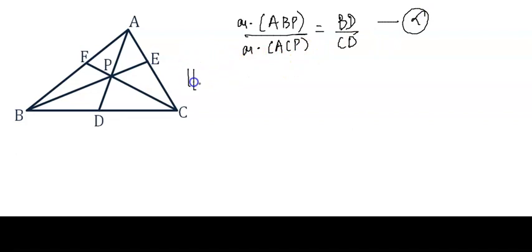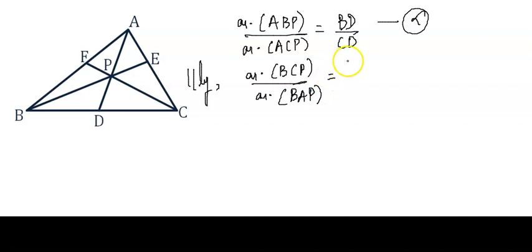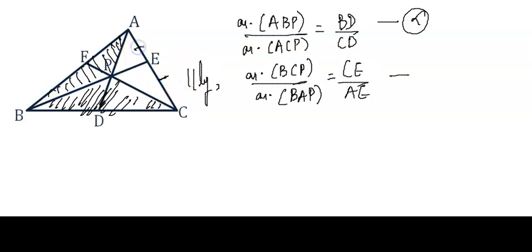Similarly, we can say that the area of BCP upon the area of BAP will be equal to CE upon AE. Let us call this equation beta.